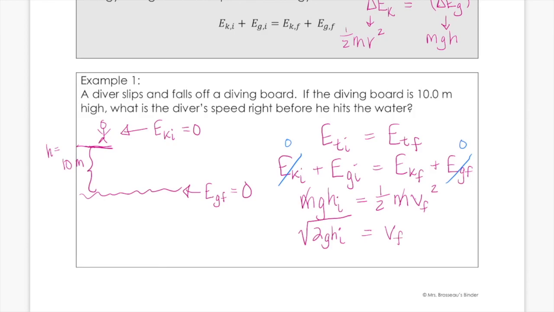Plugging in the information, 2 times 9.8, which is my gravitational constant, times the initial height, which was 10, is going to equal our VF. We'll find that VF is 14 meters per second.